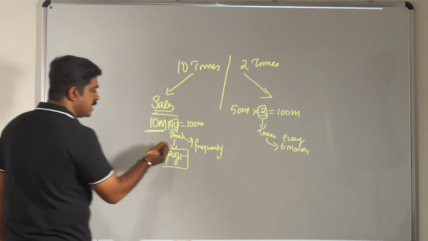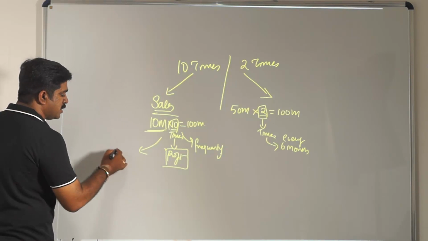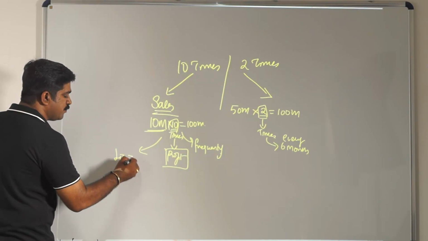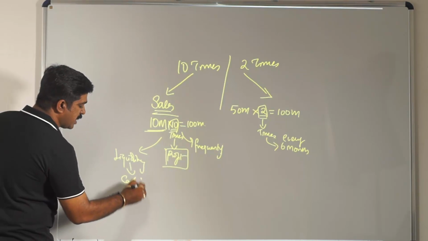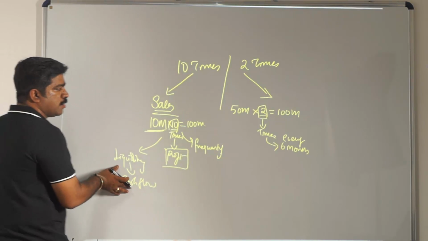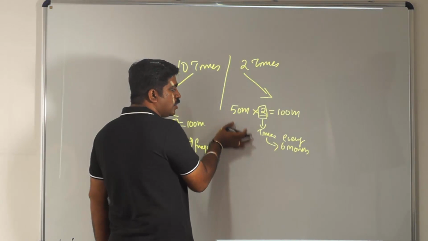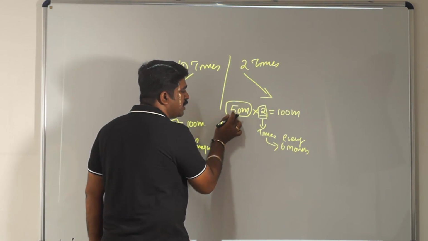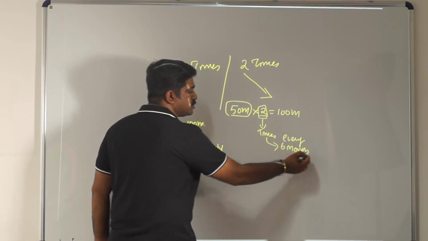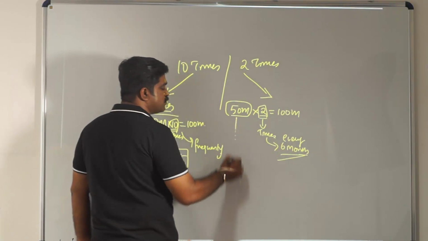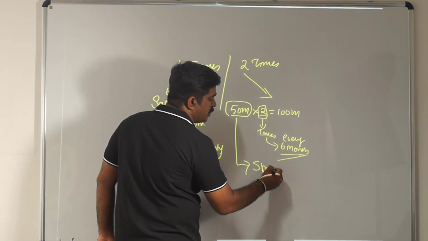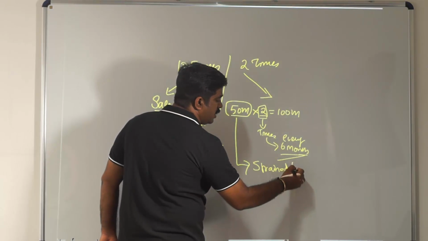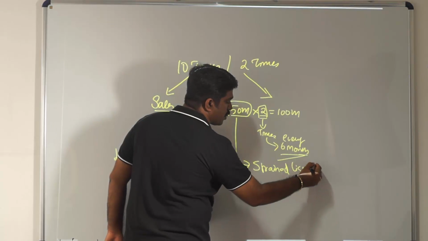And since the sale and rotation is happening, there will be a good level of liquidity in the business, because there is a good amount of cash flow that is going to take place. But here everything is locked in inventory of 50 million for a period of almost 6 months. It means this business will have strained liquidity.